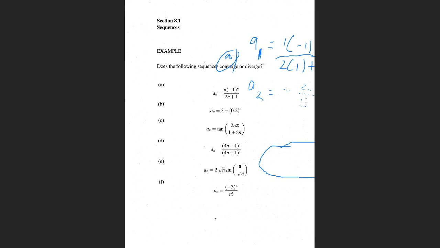The second term is 2 times negative 1 squared over 2 times 2 plus 1, which is 2/5. The third term is going to be 3 times negative 1 cubed, over 2 times 3 plus 1. I'm just following the formula here. It's like baking a cake.